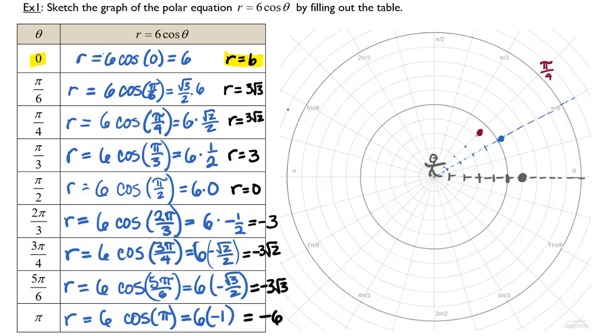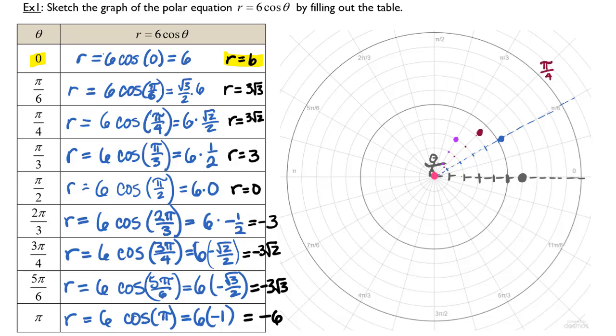Now I'm going to go on to pi over 3. At pi over 3, my radius is 3. I'll count out 1, 2, 3. There's my point. At pi over 2, my radius is 0.